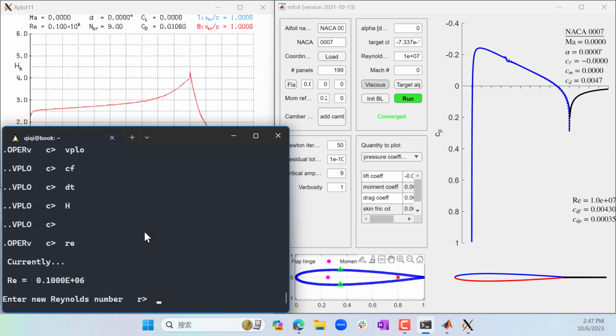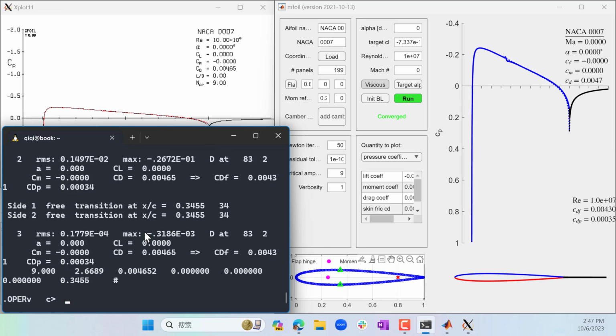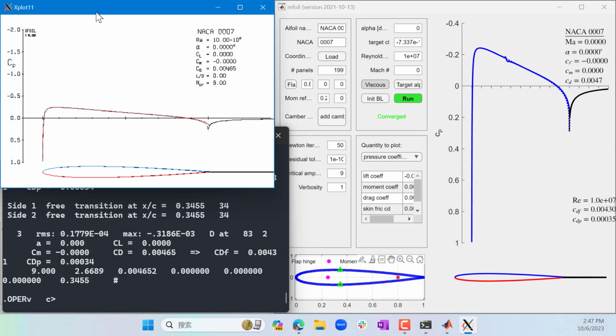Over here, you can type RE and enter 1E7. That switches you to a higher Reynolds number, alpha 0. That gives you the pressure distribution. First of all, we see that the gap between the inviscid and the viscous pressure distribution almost vanishes. That means for a higher Reynolds number, the viscosity is lower.